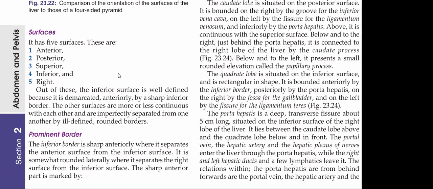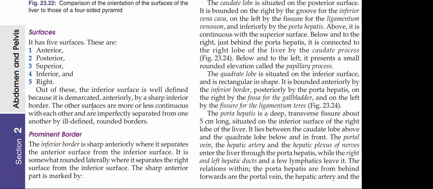Surfaces: it has 5 surfaces. These are anterior, posterior, superior, inferior, right. Out of these, the inferior surface is well defined because it is demarcated anteriorly by a sharp inferior border.